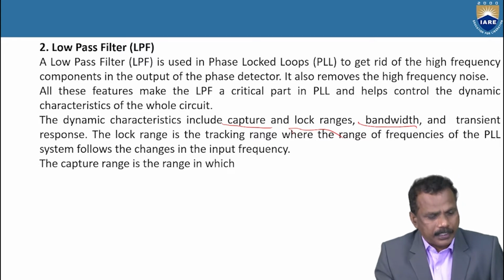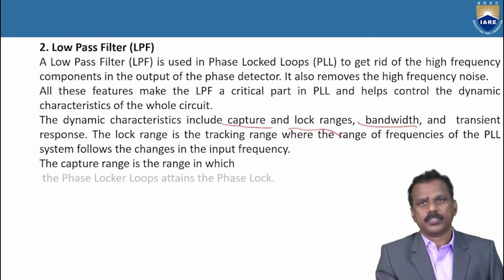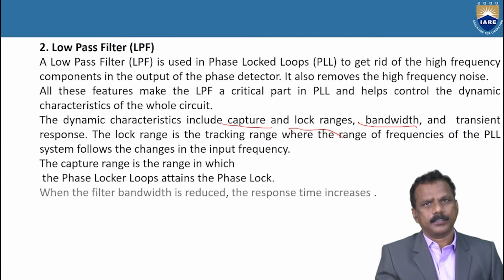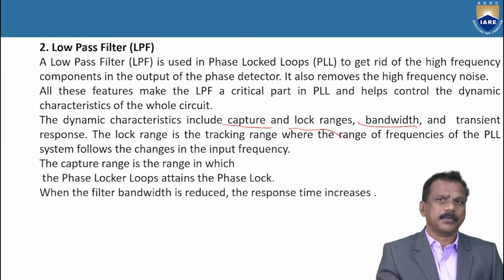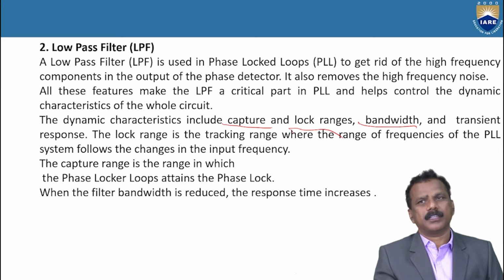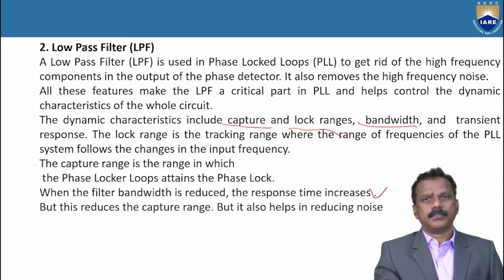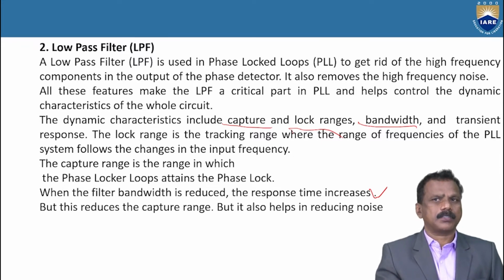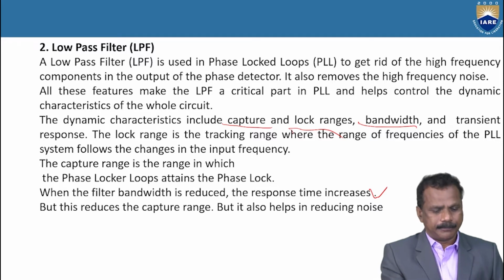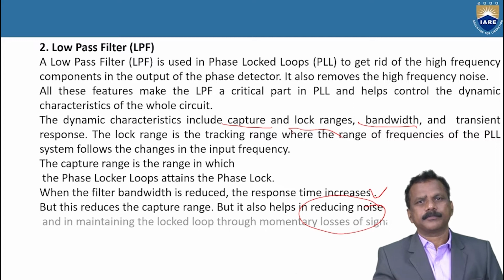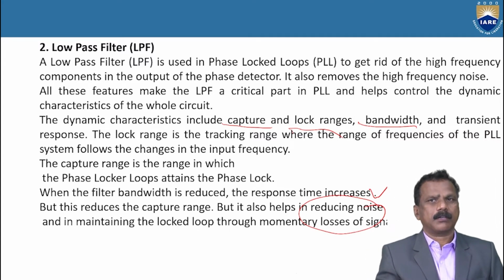The capture range is the range in which the PLL attains phase lock. When the filter bandwidth is reduced, the response time increases. This reduces the capture range, but it also helps in reducing noise.